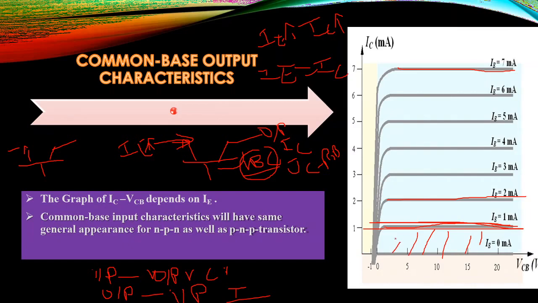Since the current levels are very low, this region is called the cutoff region. And in this case, the current levels are higher at smaller voltage levels. It is called the saturation region.